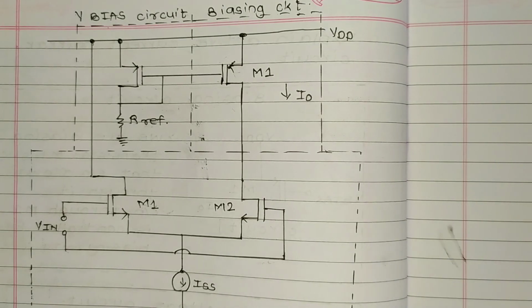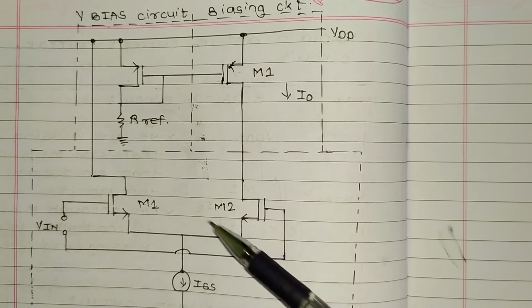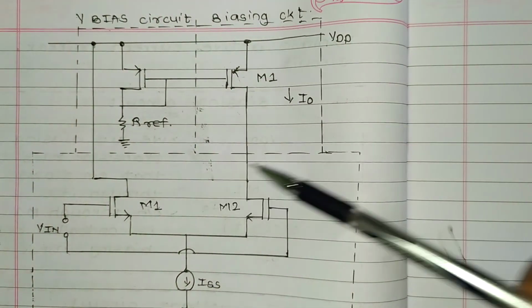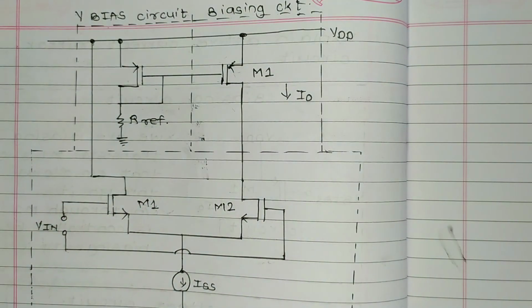Thus we are biasing the differential amplifier. This differential amplifier is biased by this active current mirror circuit. So this was about the active current mirror circuit.